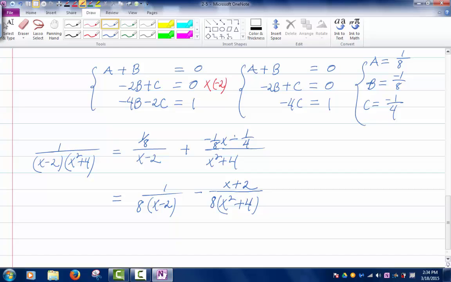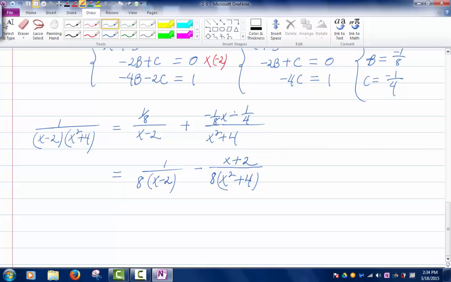All right. So now you're going to integrate that, right? So you're going to integrate 1 over x minus 2. Is everybody okay with the algebra that I did in the previous step? You guys are okay with that? If you factor out negative 1/8, you're going to get x plus 2.